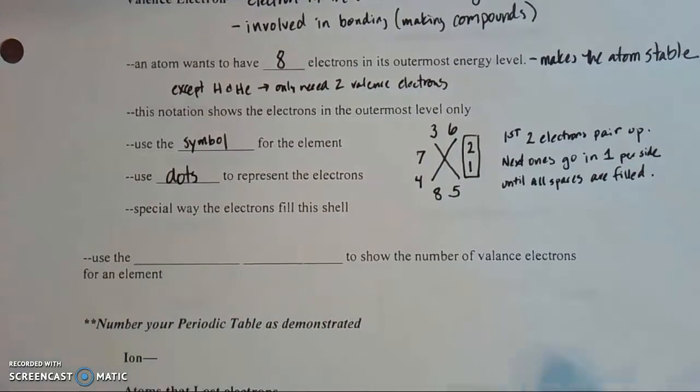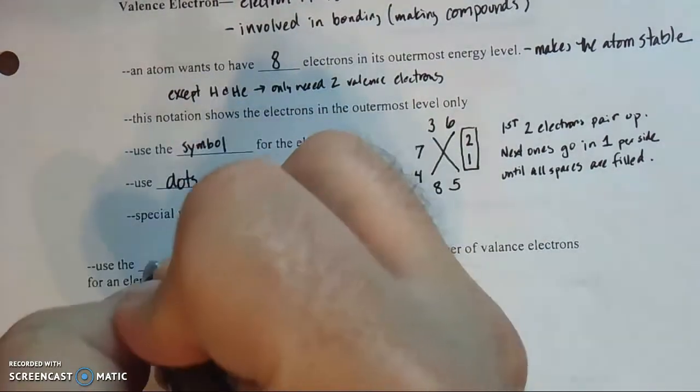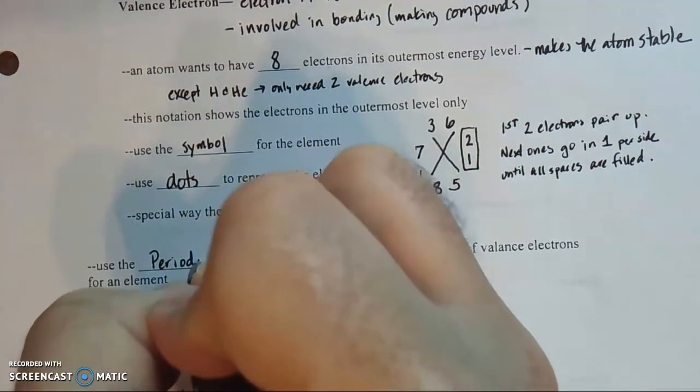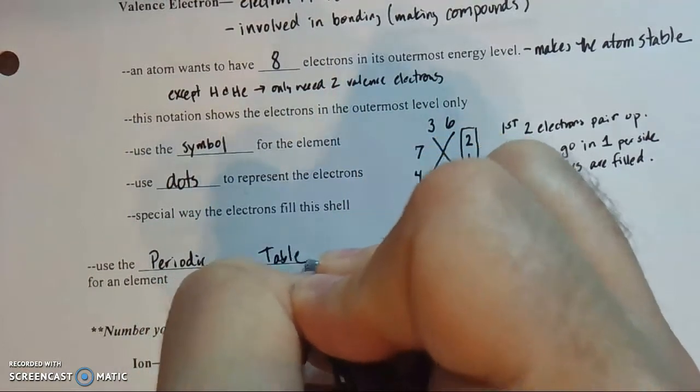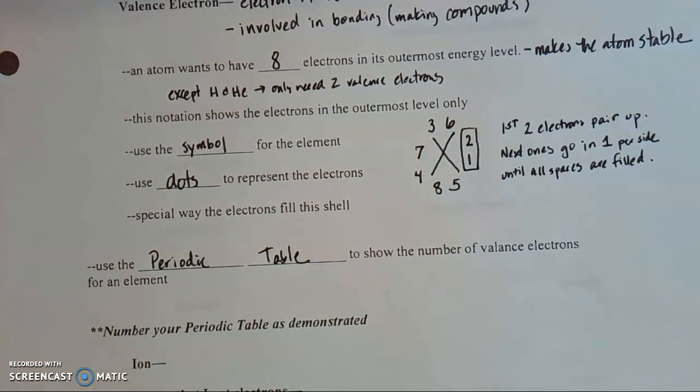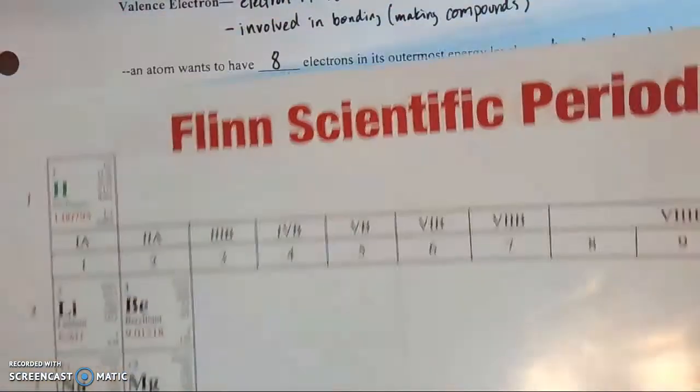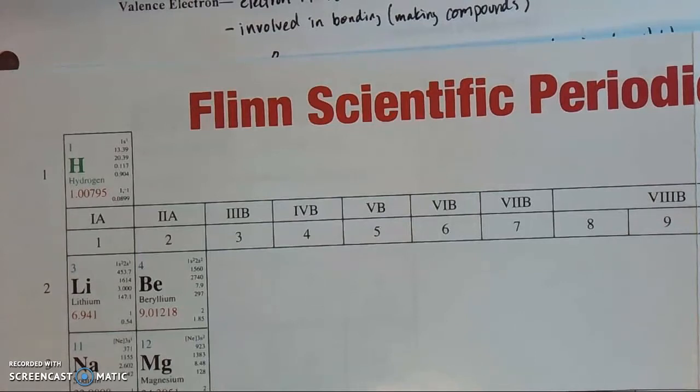So you might say, well, that's fine and dandy, but how do I know how many electrons are going to be in something? Well, we are going to use our handy dandy periodic table. So you need to take out your periodic table. And we are going to see that the periodic table, its shape, why it looks the way it does, is based on electrons and how they are placed into energy levels.